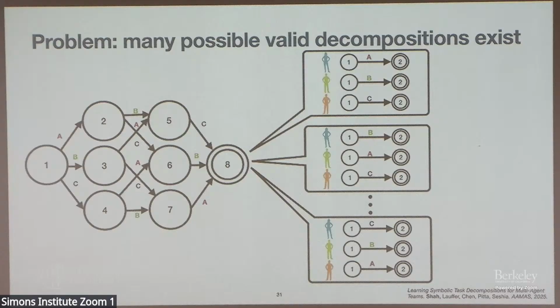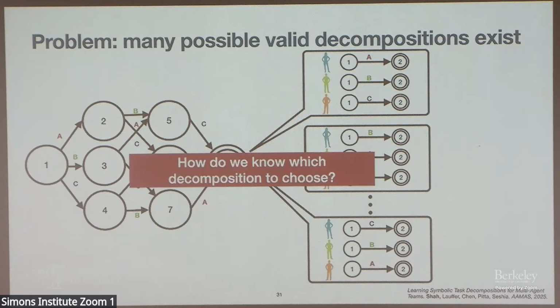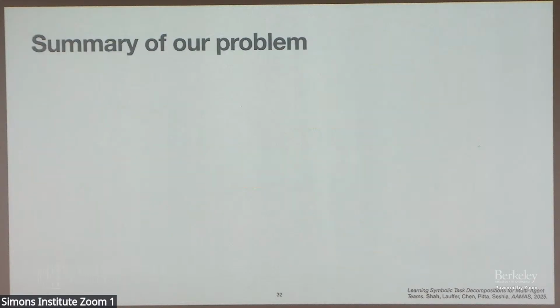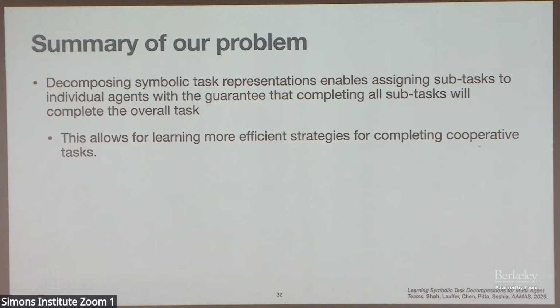So this is what I worked on with my collaborators in a separate work: how do we find the right decomposition to choose amongst many possible ones? The procedure itself is relatively straightforward. I just want to quickly go over what the problem is here. Again, we have our symbolic task decompositions. If we break them down, we can get subtasks with the guarantee that accomplishing them will accomplish the overall task.